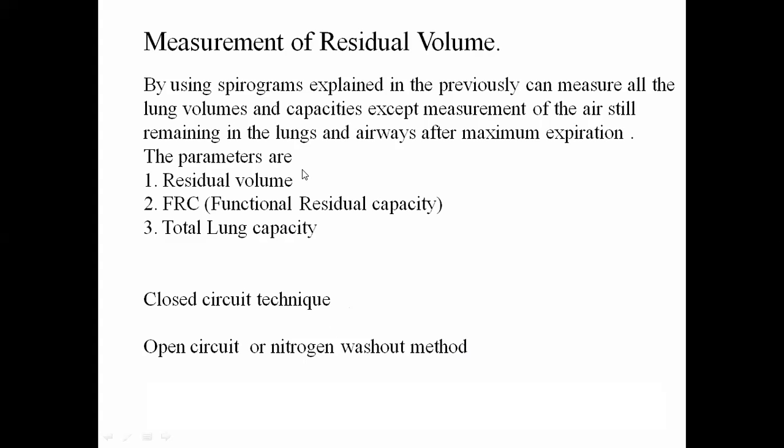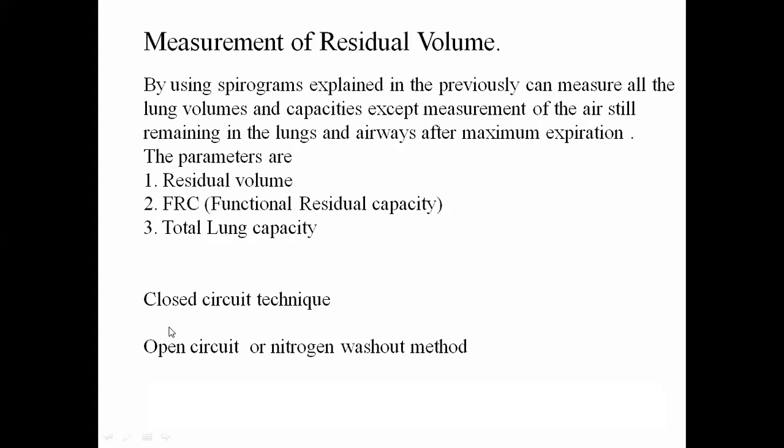The parameters which are not possible to measure with spirometers are generally the residual volume, functional residual capacity, and total lung capacity. These three parameters are not possible to measure with spirometers, so to measure them we can go for other techniques.